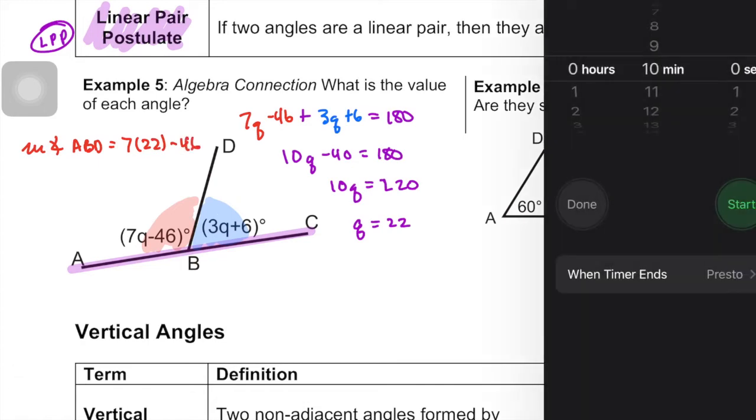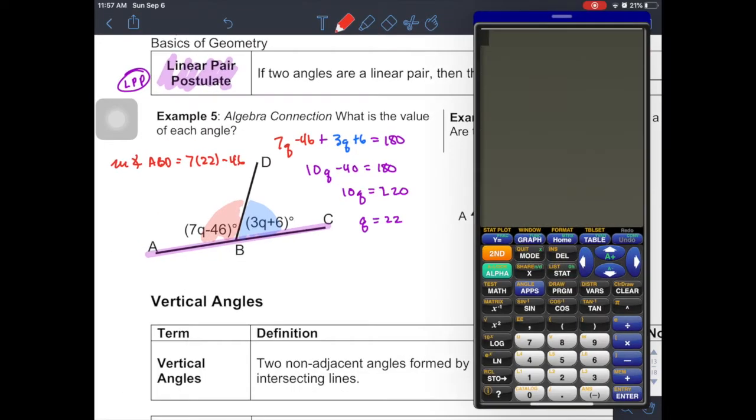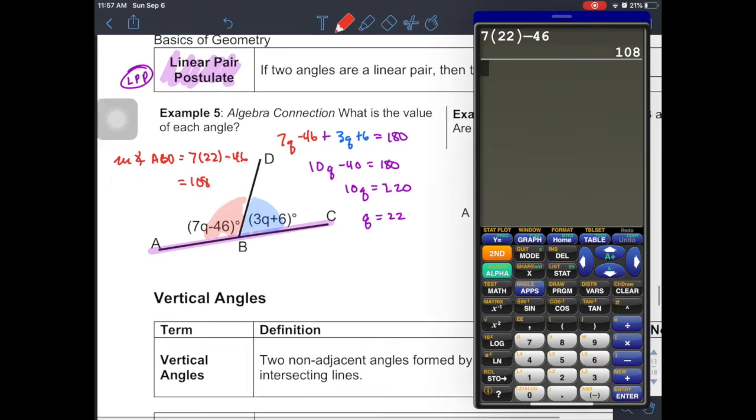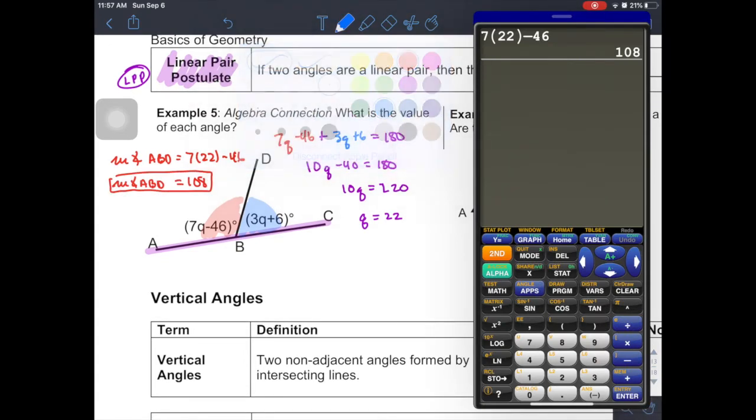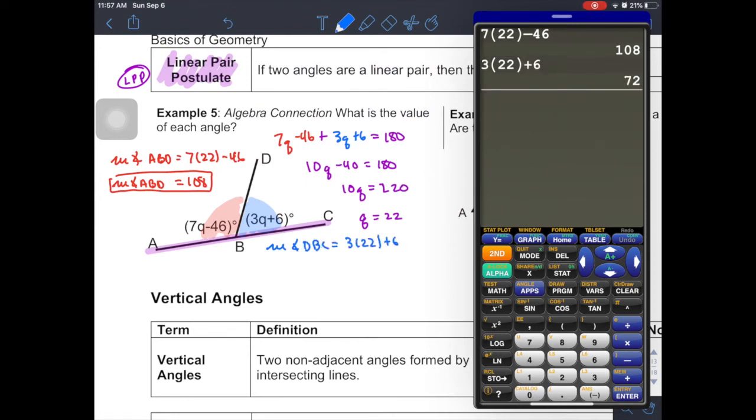I'm going to take out my calculator here. I get 108. And for my other angle, I get 72. Verify and double check: 108 plus 72 does add up to be 180, so we're okay.